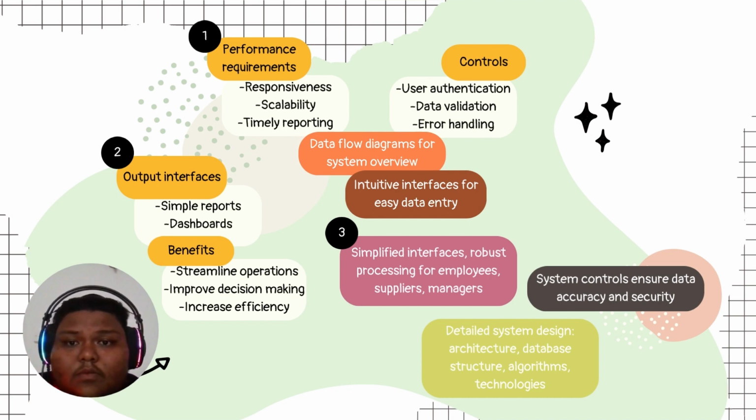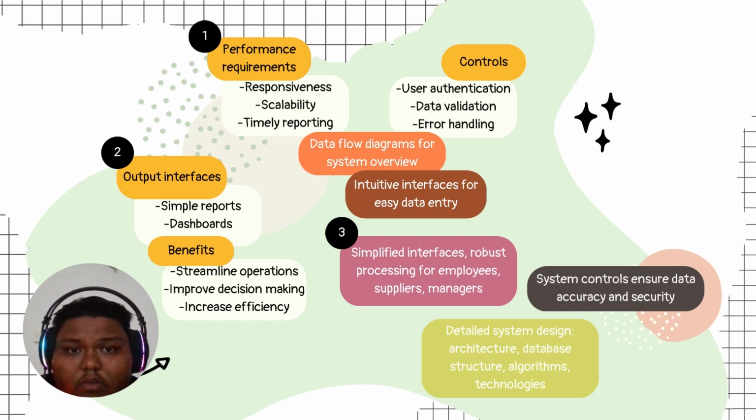So the first, performance requirements: responsiveness and scalability, also timely reporting are important in the performance requirement, to make sure the customer always gets updates from the automated system. Timely reporting makes sure the store employees keep updating the data.